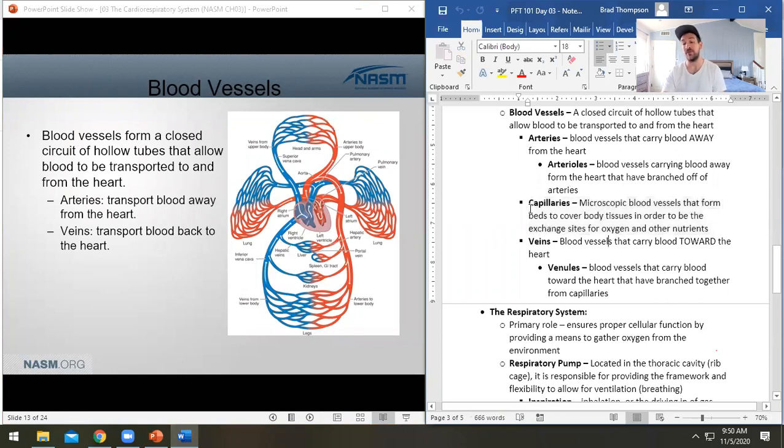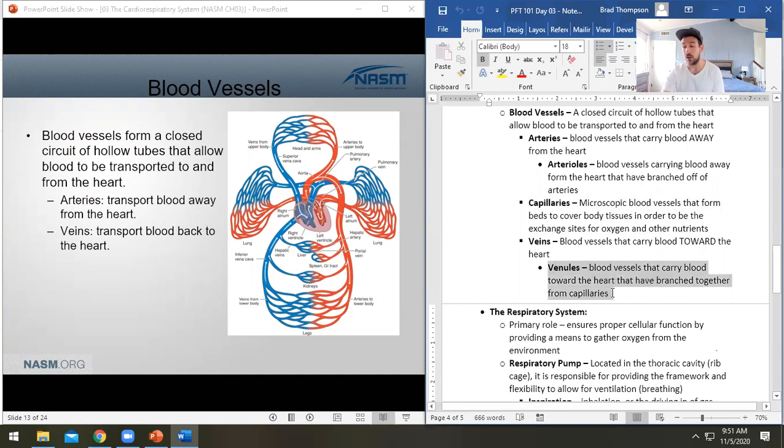Then what'll happen after you've got your capillaries, those capillaries will start to come together. So it went artery, which branched into arterioles, and those arterioles branched into capillaries. And then eventually your capillaries will start coming together and forming what are called venules. And venules are really small versions of veins because now it already delivered the oxygen, so it's got to get back to the heart, rather.